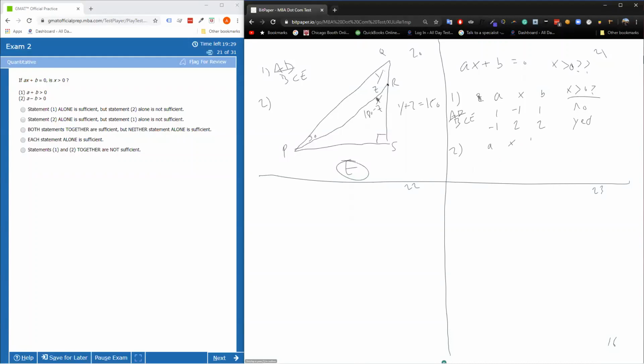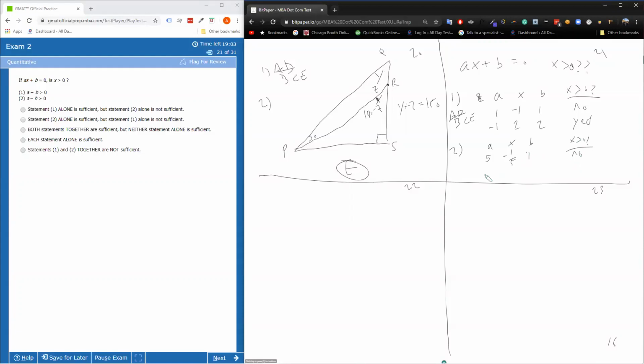Statement 2: a minus b is greater than 0. I'm going to do the same thing. 5 and 1. So x here is what, -1/5. Is x greater than 0?